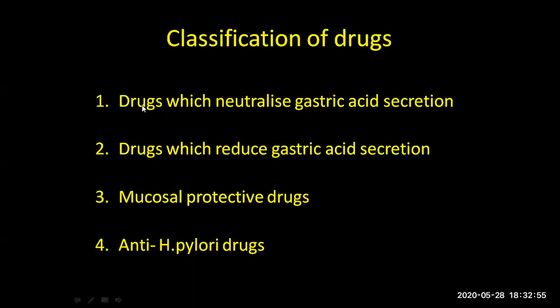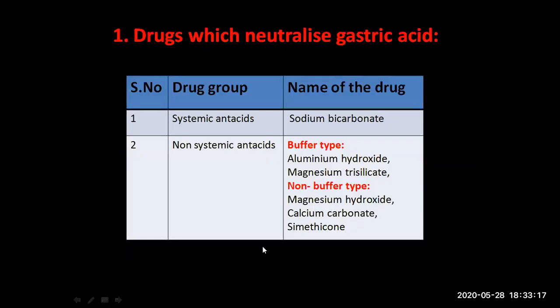Just as I told you before, in the classification of drugs, the first group is the drugs which neutralize the gastric acid, like antacids. Then the drugs which reduce the gastric acid secretion, like proton pump inhibitors and H2 blockers, and then mucosal protective drugs like sucralfate and anti-H. pylori drugs.